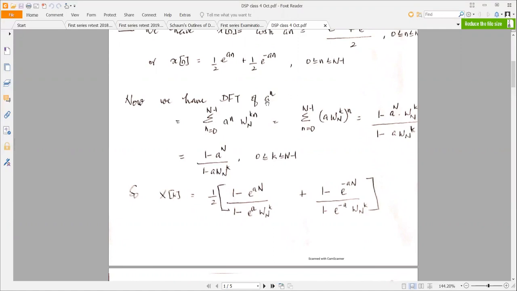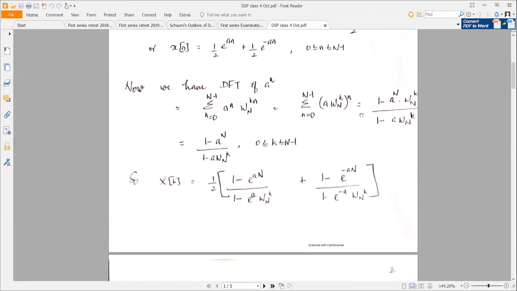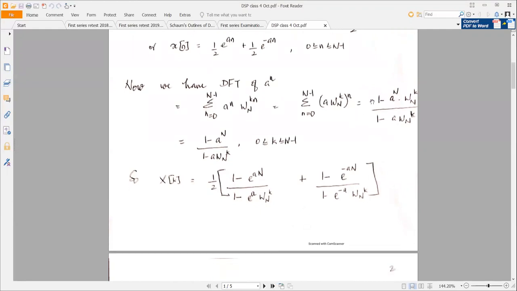The DFT of an exponential sequence a raised to n, where a is a constant, can be written as sigma n equal to 0 to N minus 1 a raised to n W raised to kn, which you can write as the sum to N terms of a geometric progression where the ratio is a W_N raised to k, written as a into 1 minus r raised to N by 1 minus r. So the first term is equal to 1 here. So 1 minus the ratio, being a W_N raised to k, the whole raised to capital N.